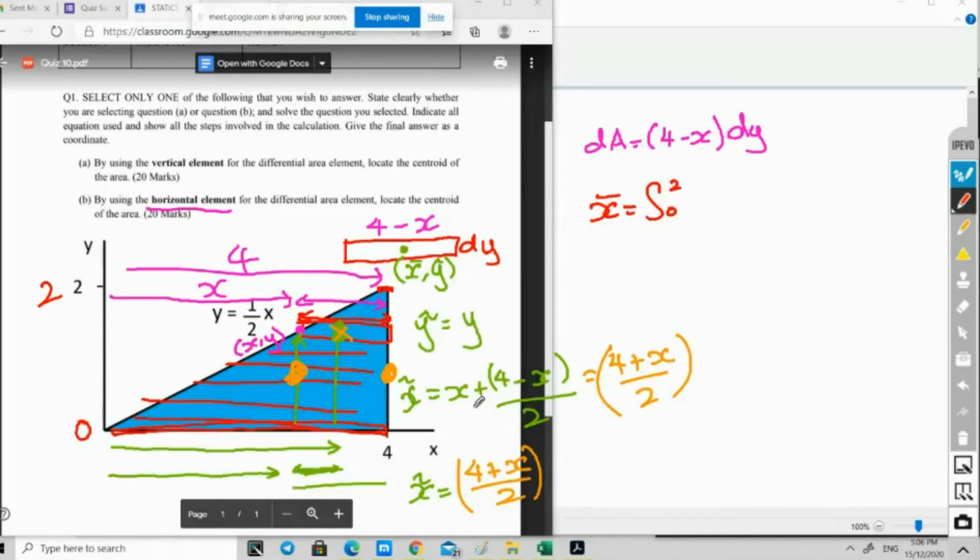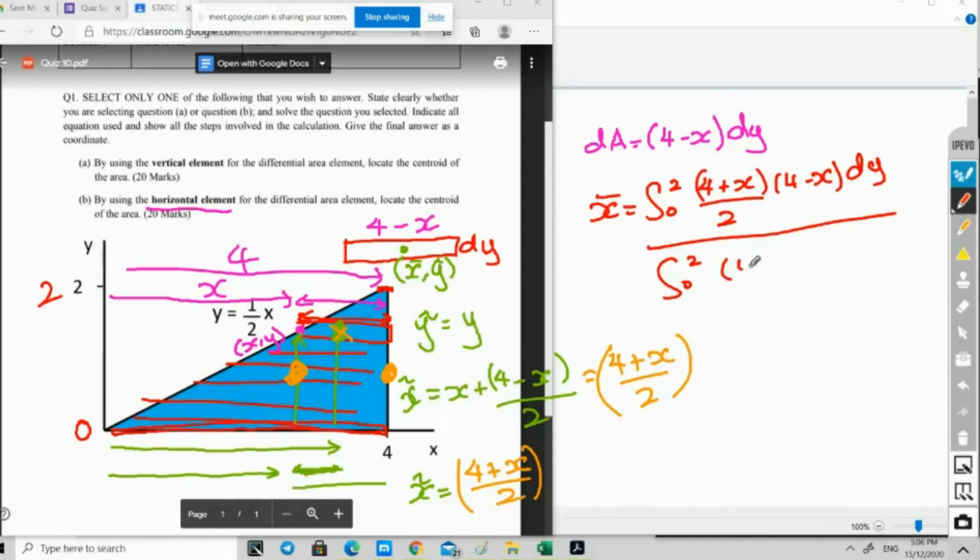X wave is this thing here, so 4 plus x over 2, and then dA. Where's my expression of dA? Oh, here. So then 4 minus x dy, over the integration of 0 to 2 of 4 minus x dy. So as you can see, the equation is just a little bit more complex than before.